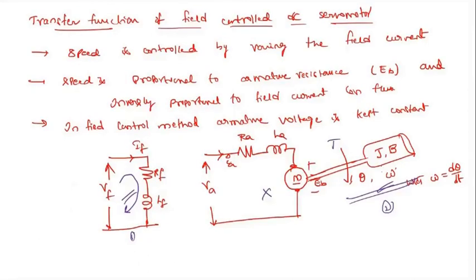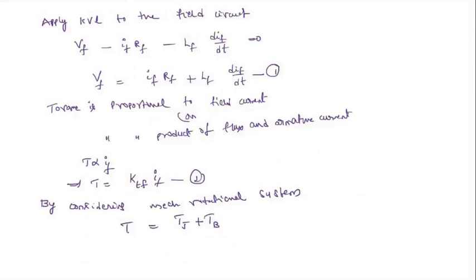In the diagram, the applied torque is T and the opposing torques are Tj and Tb. Therefore, T equals Tj plus Tb. We know that Tj is J d²theta/dt² plus B d theta/dt. So this is the third equation. We found three equations based on the analysis to find the transfer function.